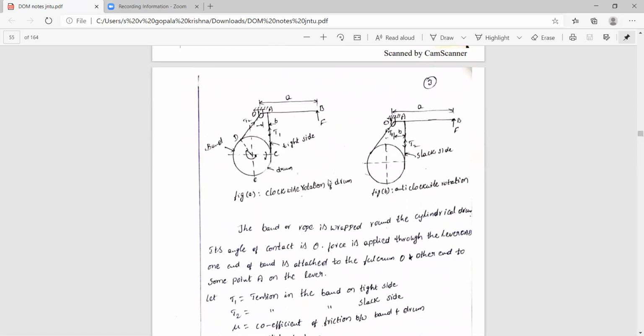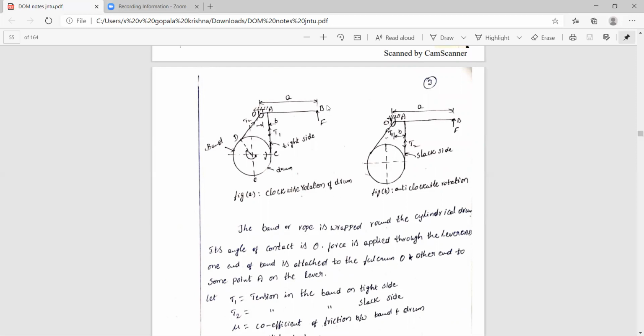So one lever is there, the lever OAB, and the drum is there. We have the rope or flexible belt covering the total drum, ODCAB, totally lined with the particular rope or belt.